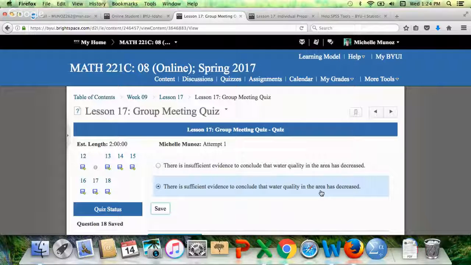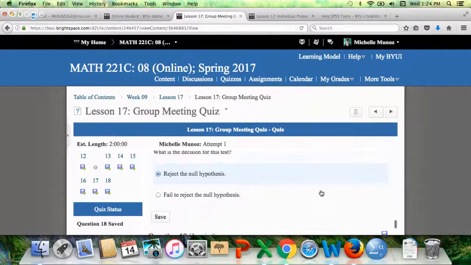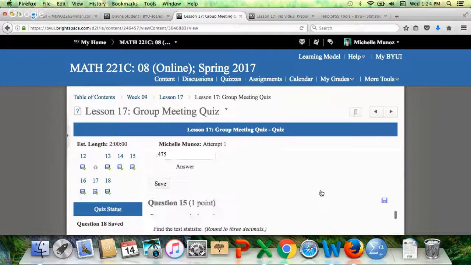And we missed 15, 16, and 17? We didn't miss 17 or 18. We did miss 15 and 16. All right. So we missed 7, 15, and 16. Let's go back and look at 7 real quick.